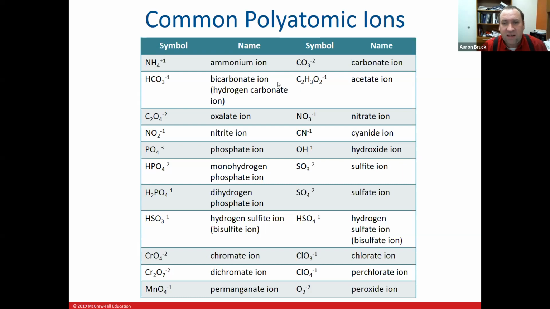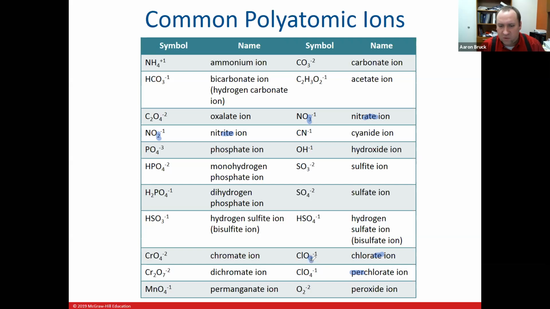But what you can see is that there are patterns that do emerge if you think enough to look for them. Again, here's your ATE, ITE. The only difference between nitrate and nitrite is the one fewer oxygen on the nitrite ion. Here is your chlorate and your perchlorate.